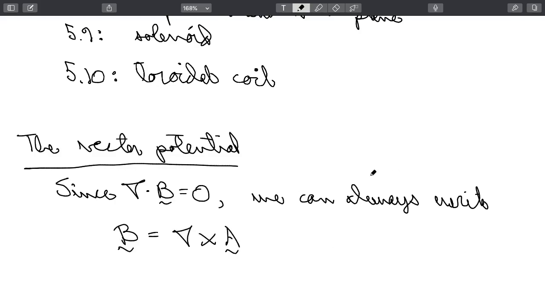The statement that we can do this comes from Helmholtz. It's Helmholtz's theorem, which is also in chapter 1.